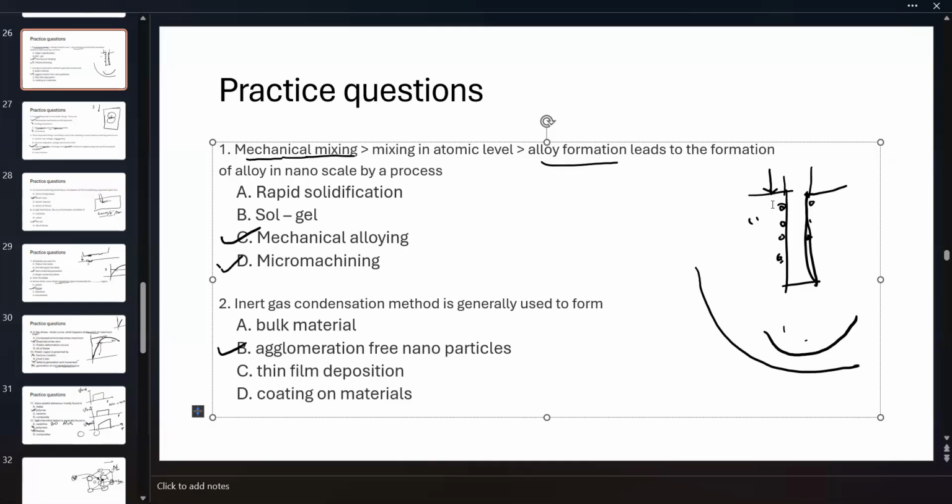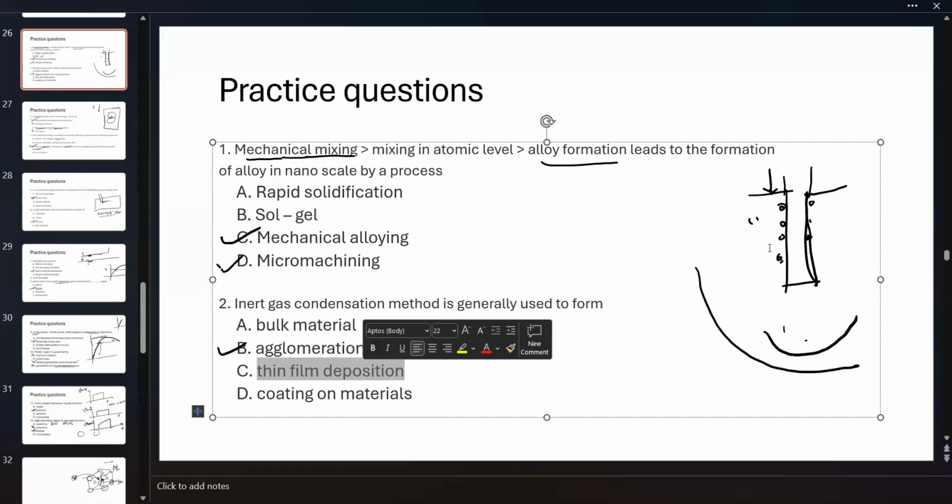And as you reach your desired length, you use a mechanical scraper to scrape off the nanoparticles. Since these nanoparticles are separated from each other as you scrape them, they form agglomeration-free nanoparticles. There's no thin film.